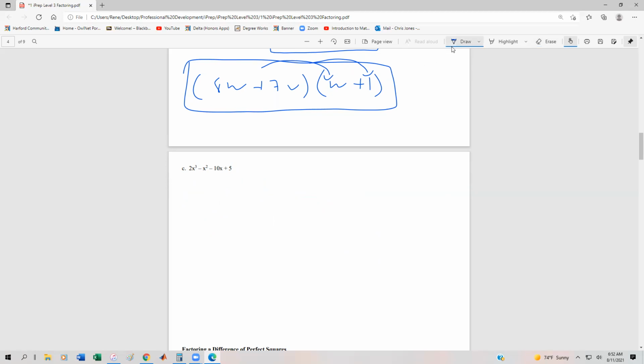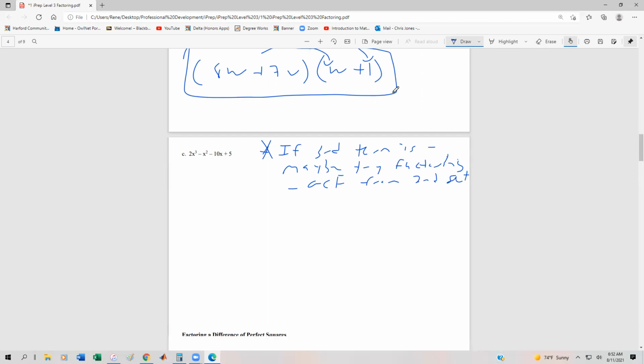Okay, so one thing to remember is if the third term is negative, maybe try factoring the negative GCF from the second set of terms. Okay, so let's try that.